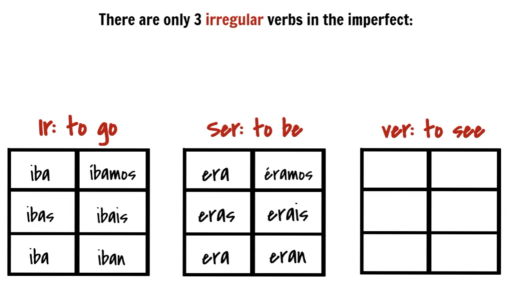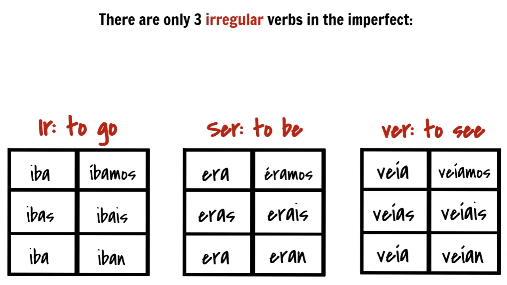For ver, the imperfect is veía, veías, veía, veíamos, veíais, and veían. On first glance, this verb appears to be regular, doesn't it? But the E from the ending is still here in the conjugation, instead of being dropped in step 2. That's why it's irregular.